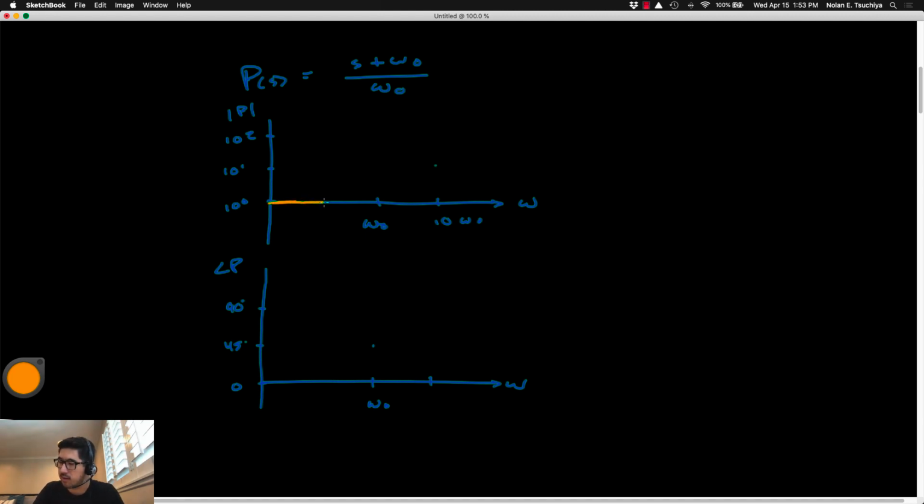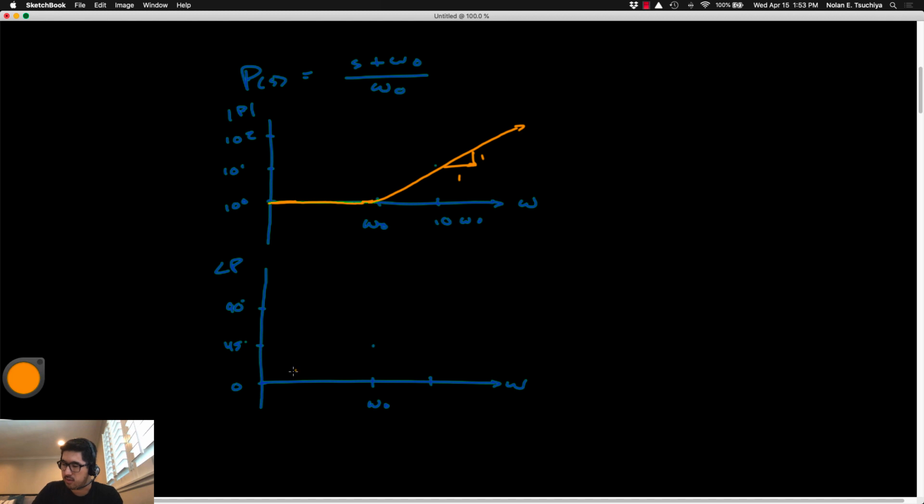So still the magnitude starts at 1, but for frequencies higher than omega naught, you end up getting this magnification in the output. So it's not attenuation, but rather amplification, where the output becomes larger than that of the input. And this happens at a rate of 1 decade per decade in the log-log plot.